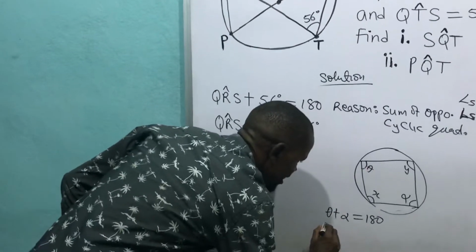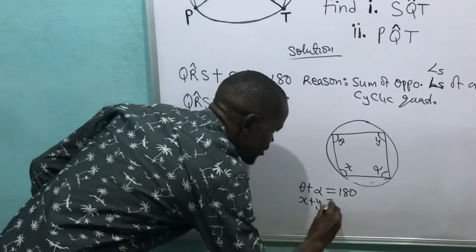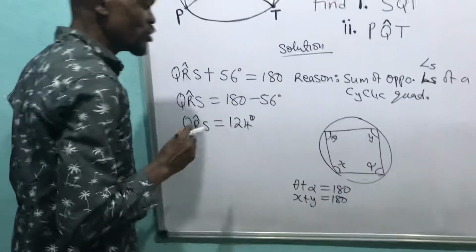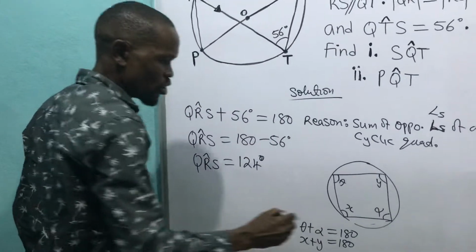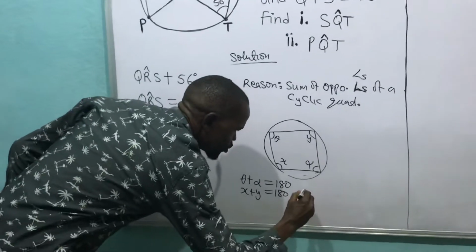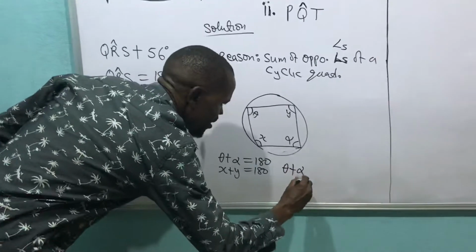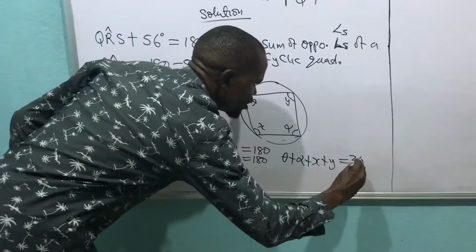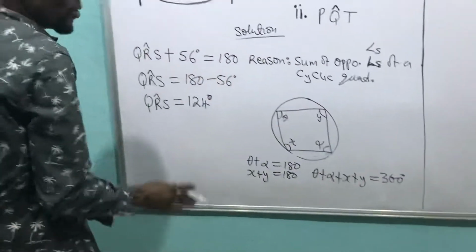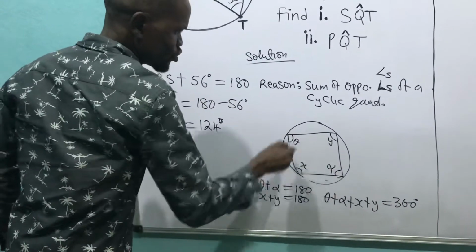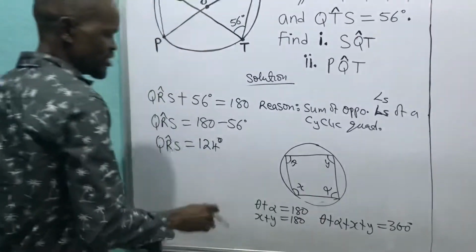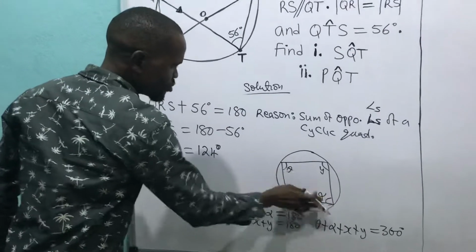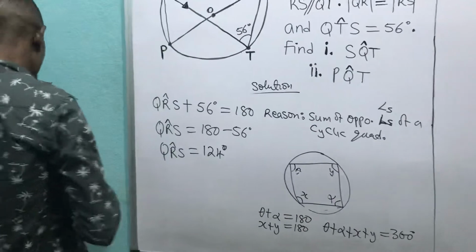Then we said again x plus y is also 180, opposite angles of a cyclic quad. Also, we can say theta plus alpha plus x plus y is equal to 360, the total sum of angles in a cyclic quad. The total sum of angles in a cyclic quad is 360. And these opposite angles, the sum of them will give me 180, which we have noted.